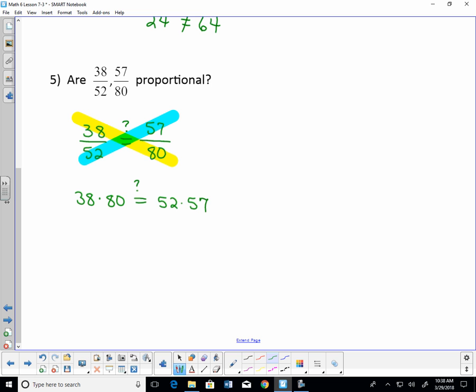All right, so let's do the multiplication. 38 times 80. 8 times 8 is 64. 8 times 3 is 24, plus 6 is 30.